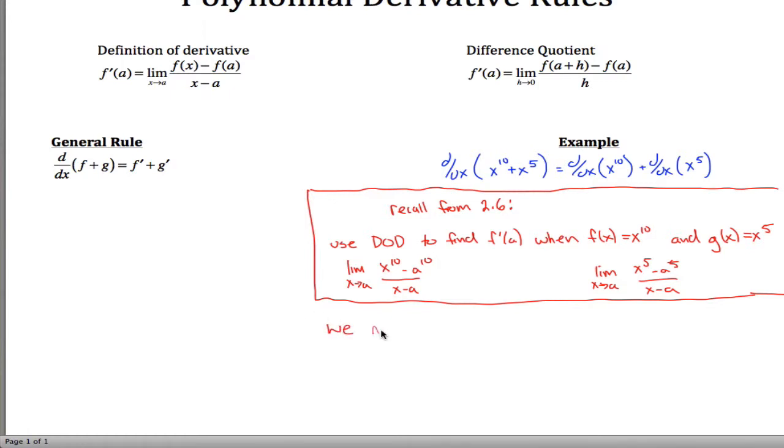Because if you remember that that was the setup, then what we can do is now use the definition of the derivative to find, since I've already used the letters f and g, maybe I'll say h prime of a, when h of x is equal to this original question, x to the 10th plus x to the 5th.